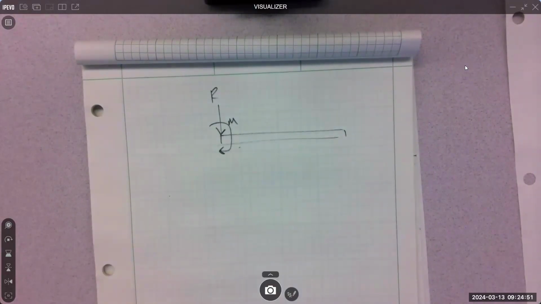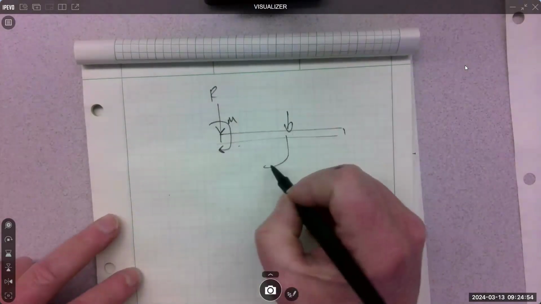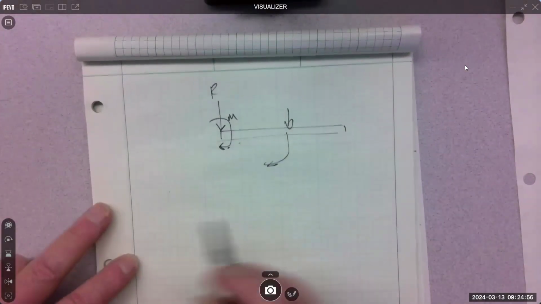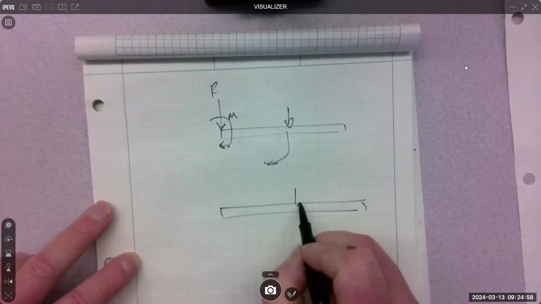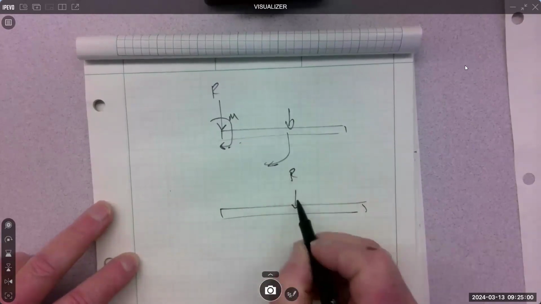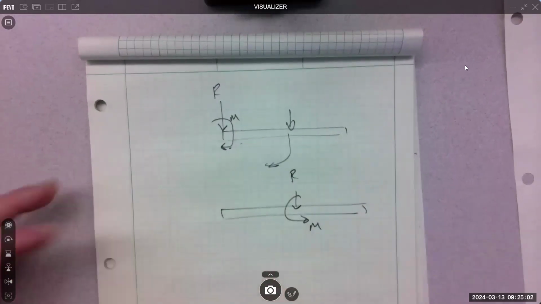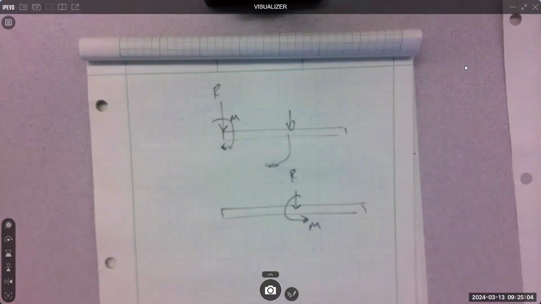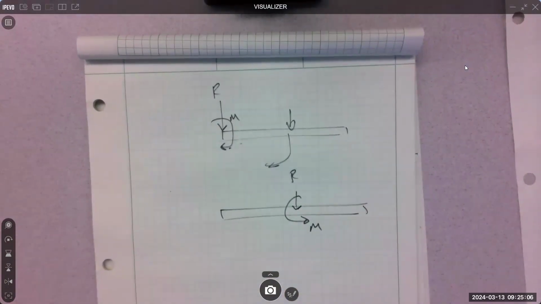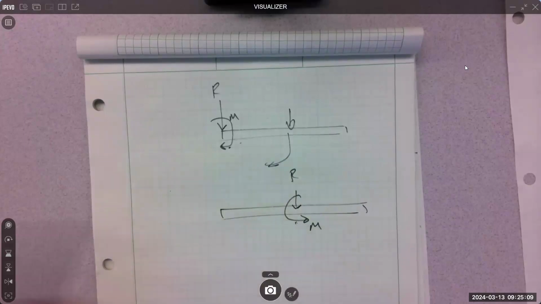To the right, because it has to make that moment. If I collect it in the middle and this is the moment I end up with, which way does it have to go? It has to go left. You have to make that effect. Good.